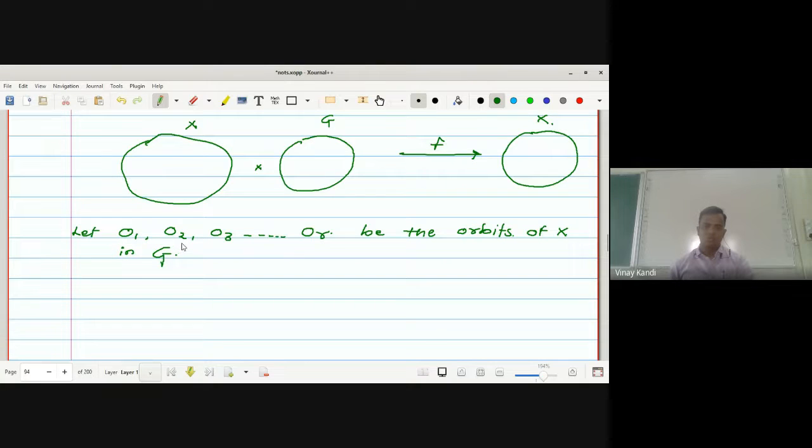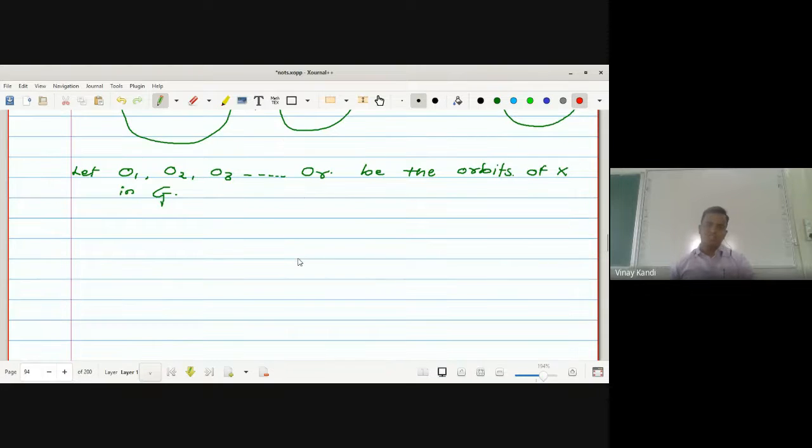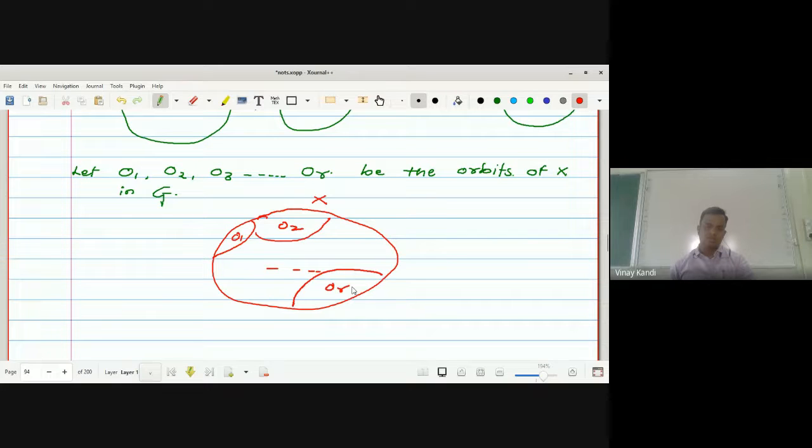O1, O2, O3 up to Or are the orbits of X in G. That means these are a partition of that set X. Suppose this is O1, this is O2, up to so on. So this is the partition of the set X.